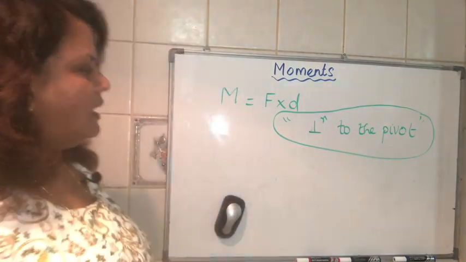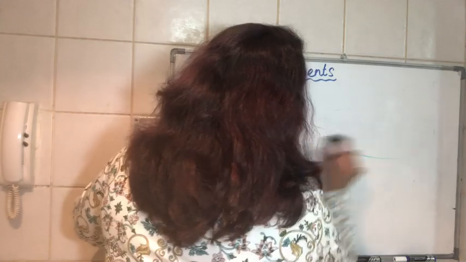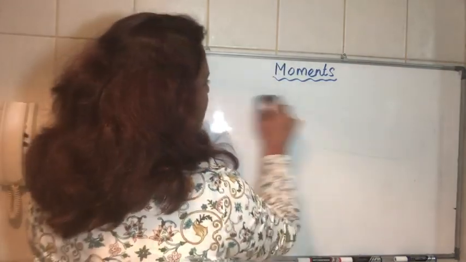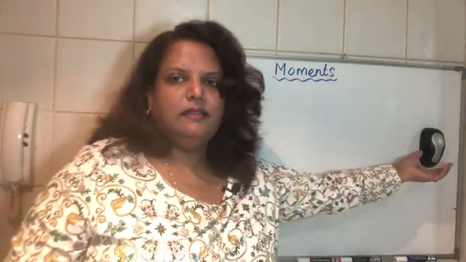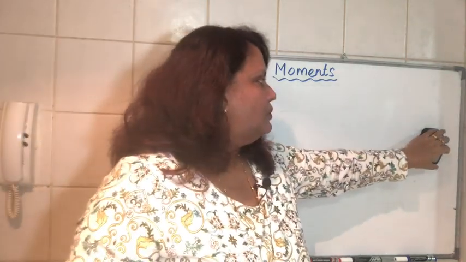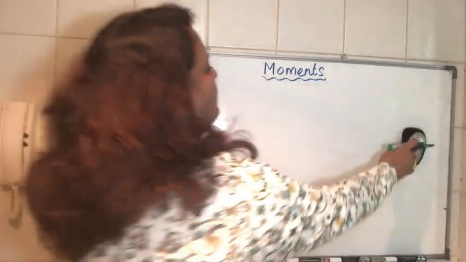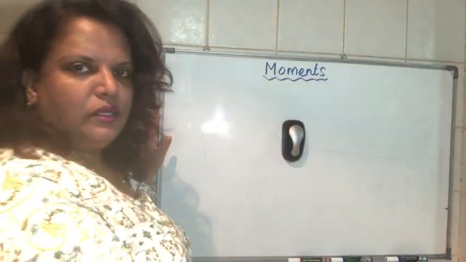Now, what does it mean and how do we find out which is the distance from the pivot? We'll see in a bit. When I gave you the example of having this as the handle here, right? Now, say if I move the handle to the middle point of the door. Imagine this to be the door.